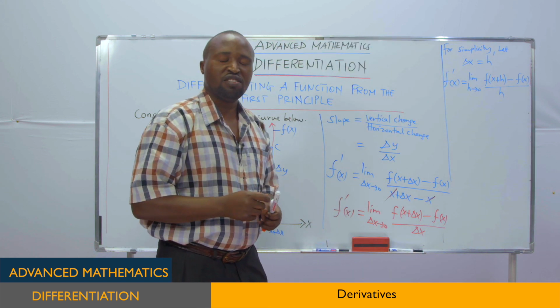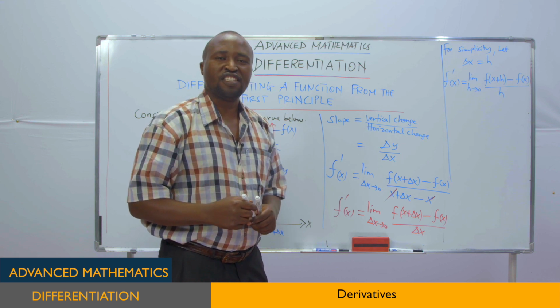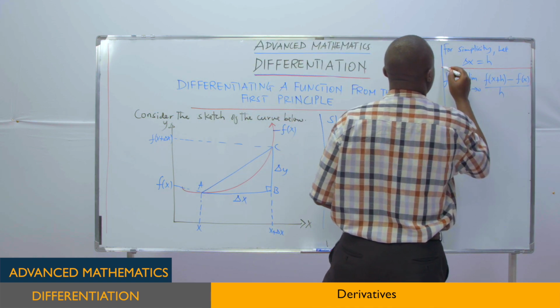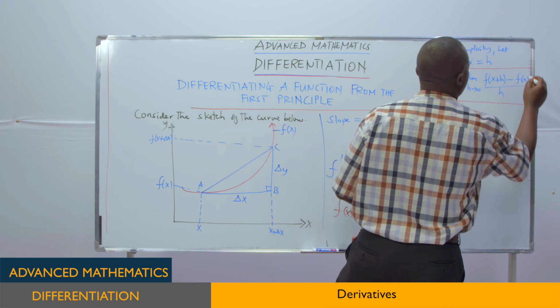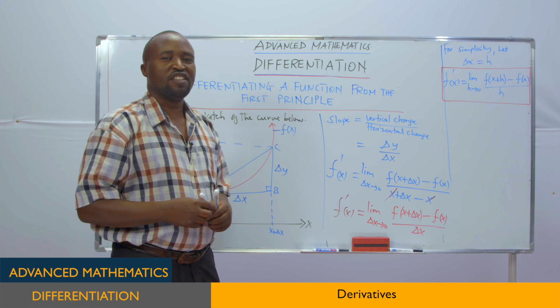So that one is our general formula to find the derivative of a function from first principle. This is the formula that we are going to use to find the derivative of a function from first principle.